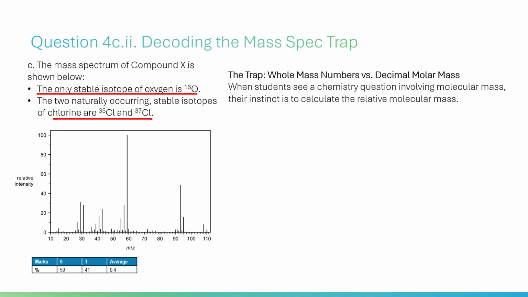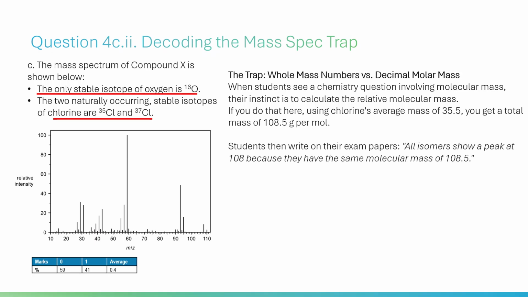When students see a chemistry question involving molecular mass, their instinct is to calculate the relative molecular mass. If you do that here, using chlorine's average mass of 35.5, you get a total mass of 108.5 g per mol. Students then write on their exam papers, all isomers show a peak at 108, because they have the same molecular mass of 108.5.